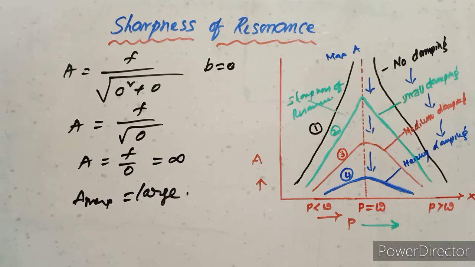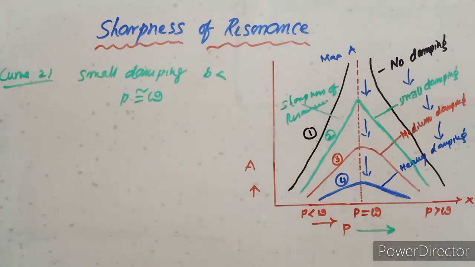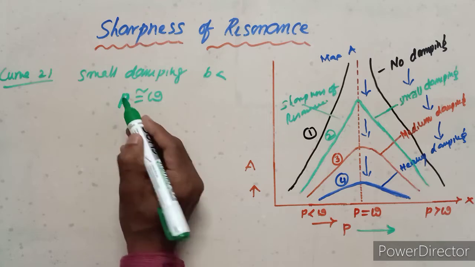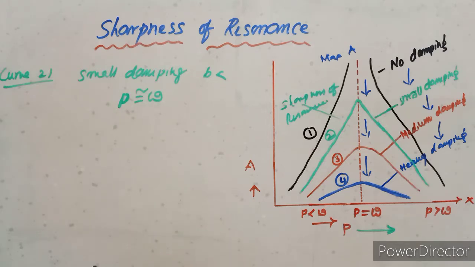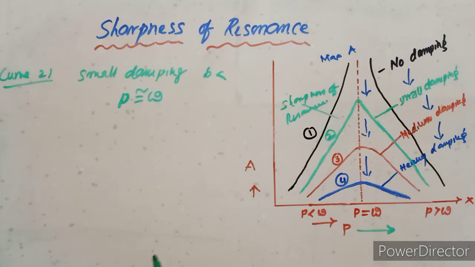Okay. In the second position, that is the second curve, there is small damping. At the condition of the second curve, small damping b is small, and also P, the applied frequency, is approximately equal to the resonant frequency. These values are substituted in the amplitude equation.